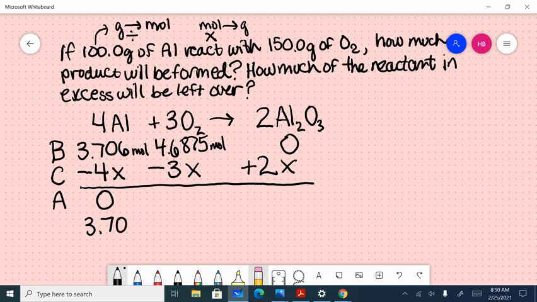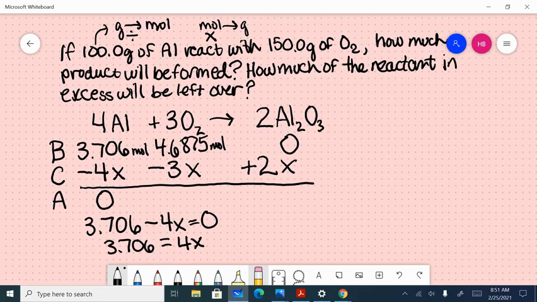So my problem becomes 3.706 minus 4x equals 0. I got that from this column. So I'm going to use my regular algebra and solve for x. Add 4x to each side. Now I'm going to divide each side by 4 to cancel the 4 away from the x.